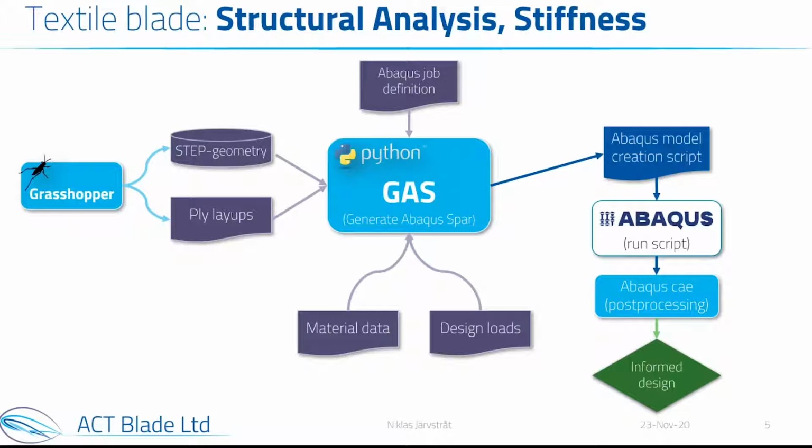This is carried out using about 840 lines of Python code, which fully automate the model creation process, where geometry comes from STEP files with ply layups, job definition, material data, and loads coming from other supporting CSV files. The main Python script then takes this information and creates a set of scripts that are then executed in Abaqus using the run script options, which in turn generate the model and the jobs ready to be executed.